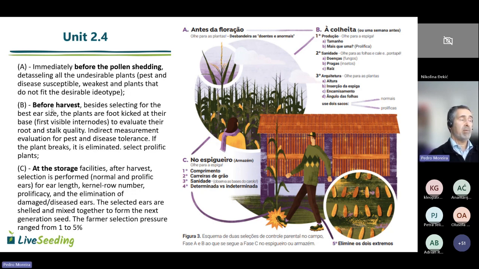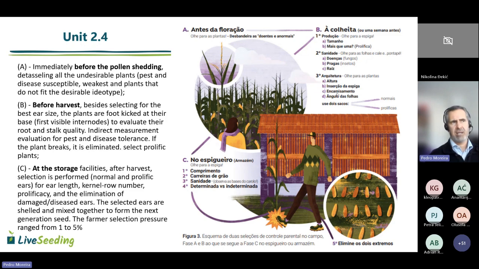Then you have the traits that we can select. That could be the size of the ear, if it's prolific or not, and what about the health of the plant. You should look and say if you have diseases, you have pests. You can monitor it, you can rank that. You can see also in the root.